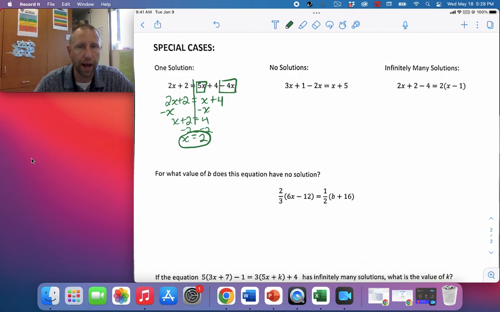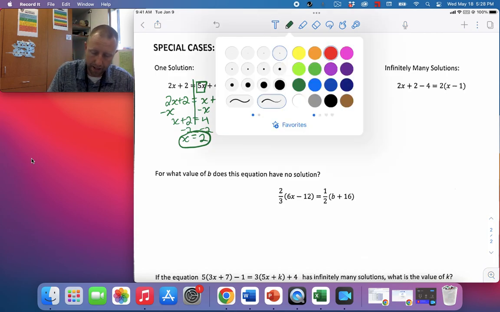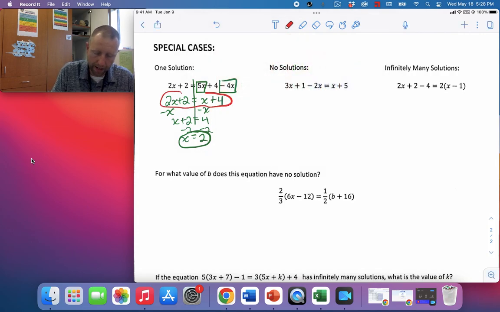Well, look what happened here. When I simplified that equation, look at the numbers in front of x. They're different, right?